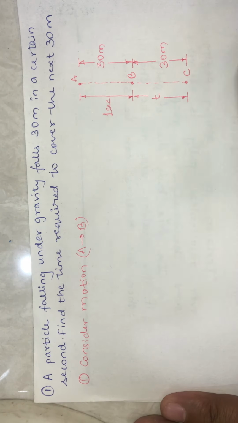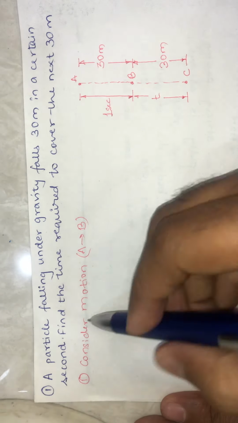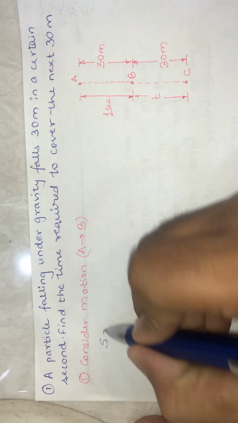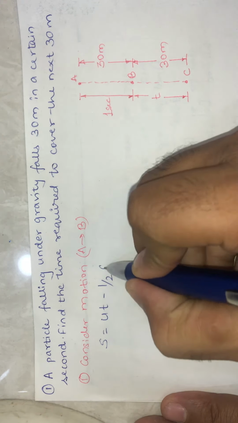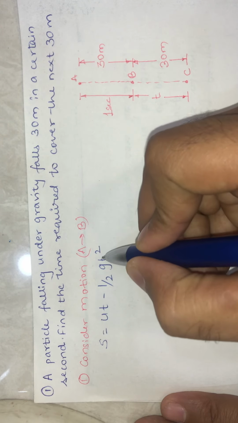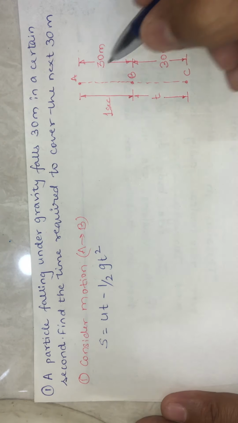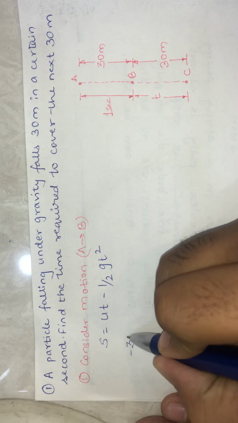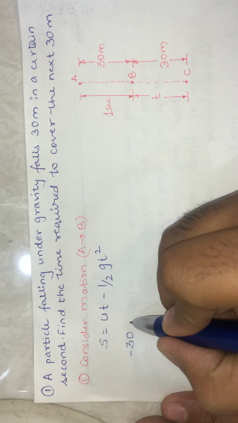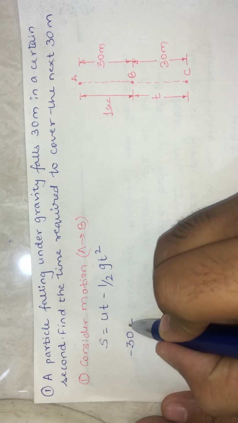In case of A to B, here we'll be taking S equals to ut minus half gt square. Here the S is the distance traveled, 30 meter, that is your minus 30, as it was explained that it is going downward direction, so it is taken as minus.